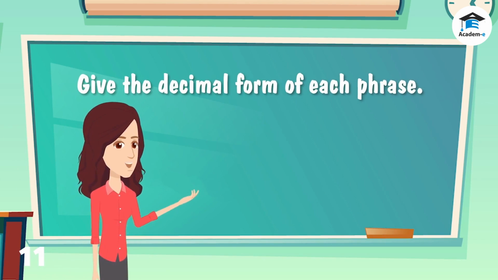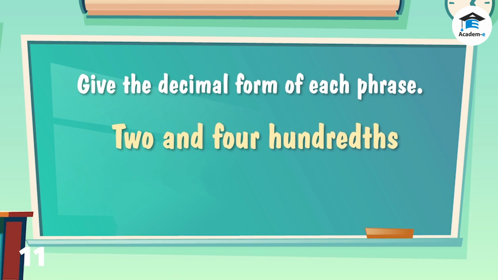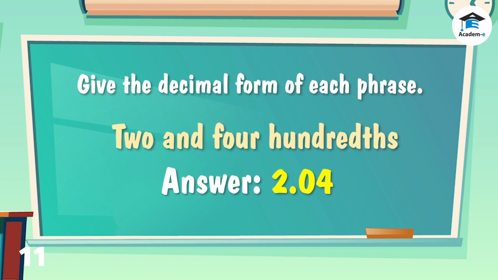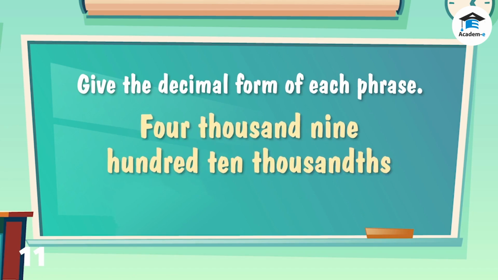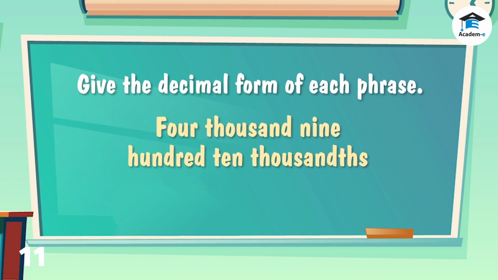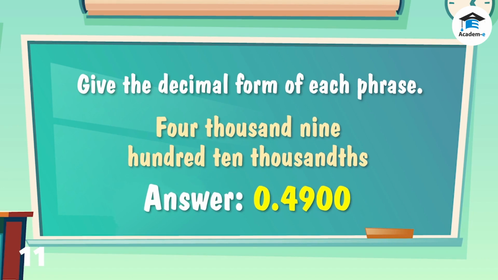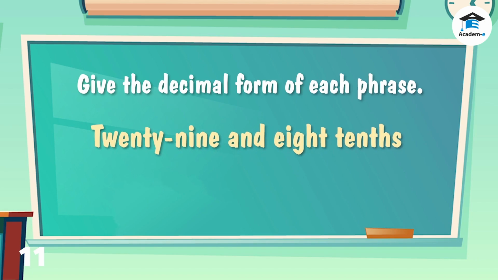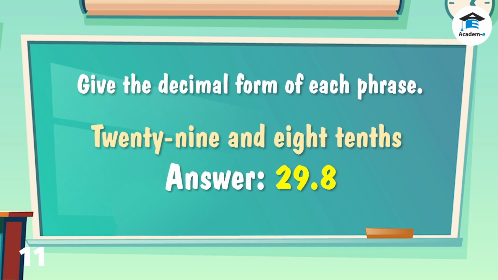Give the decimal form of each phrase. Two and 4 hundredths. 4,910 thousandths. 29 and 8 tenths.